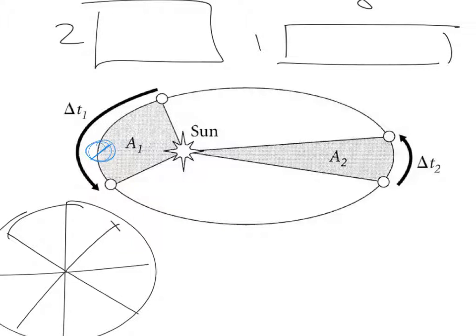Here's the North Pole, and here's the South Pole. It's rotating about that dashed line. So what you're seeing is that the sun's rays are hitting the southern hemisphere in a more direct way.